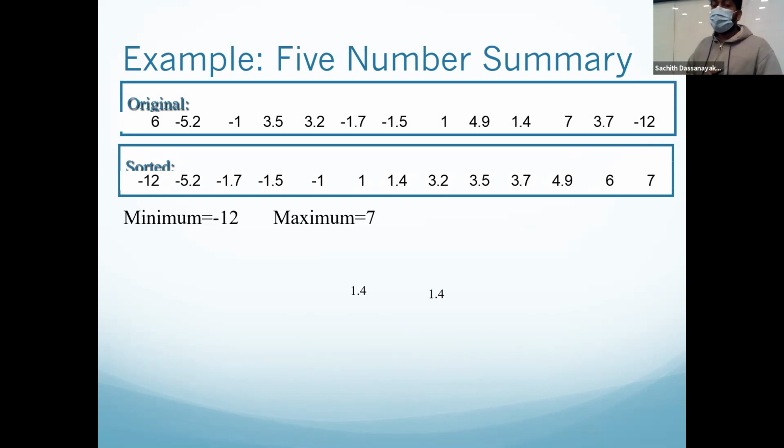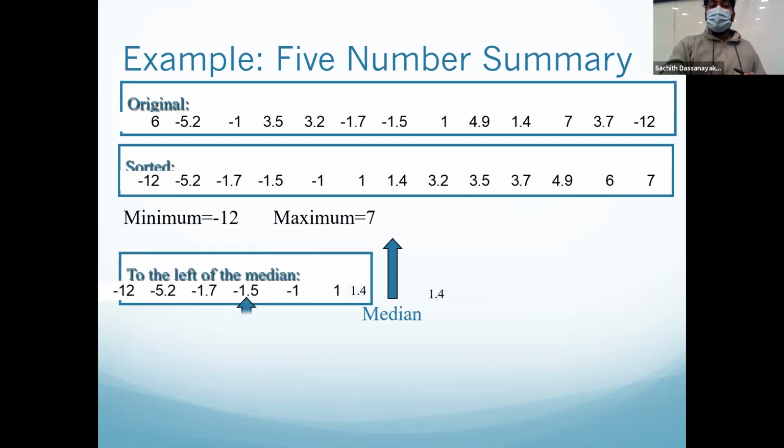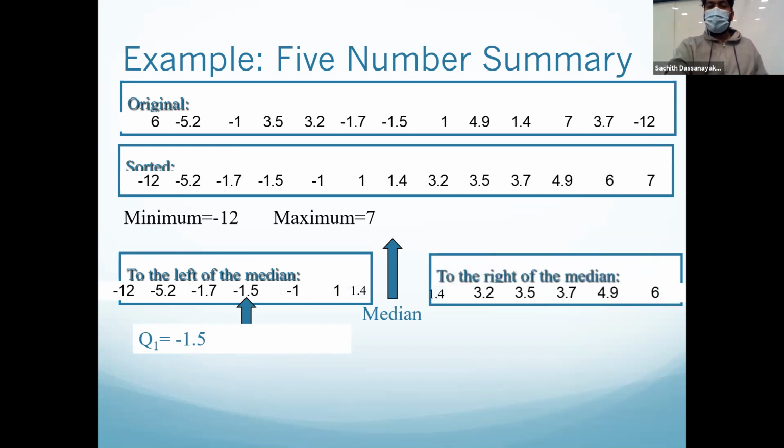You can see here the minimum is -12. This is the median, 1.4, because you have an odd number of observations. So (n plus 1) divided by 2 is, I think, the seventh position. So simply you can take the median, then get the first half and the second half, and find Q1 and Q3.